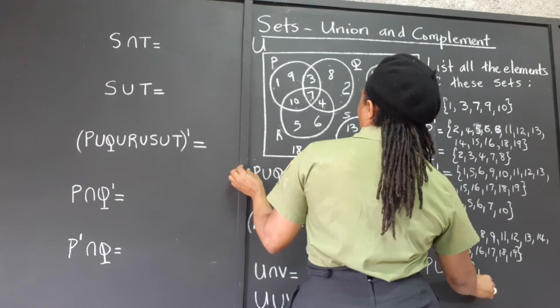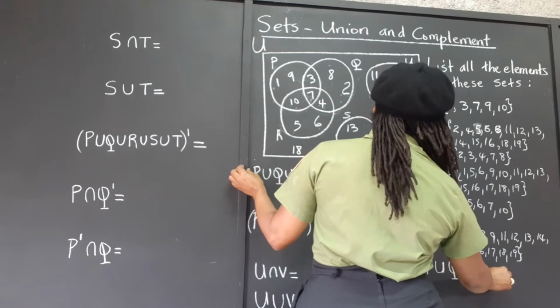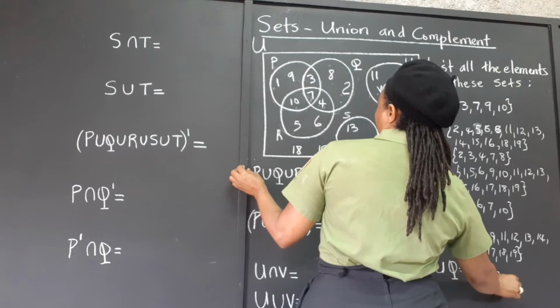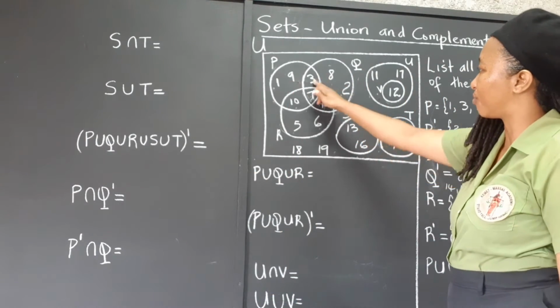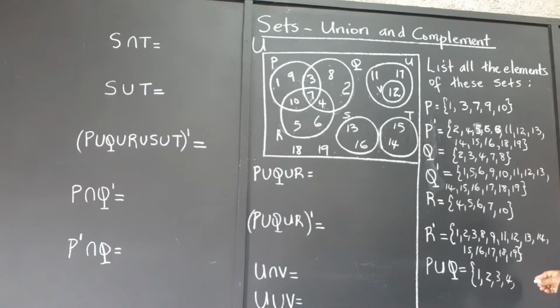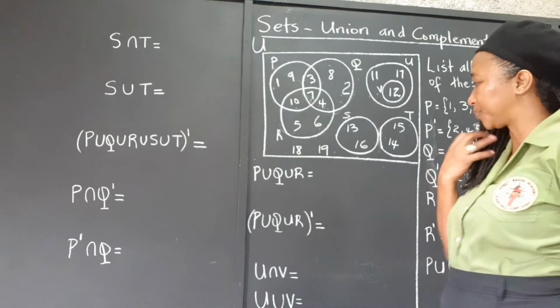So that's 1, 2, 3, 4, 7, 8, 9, 10. That's the union of P and Q.